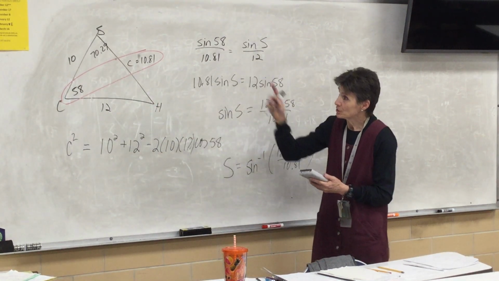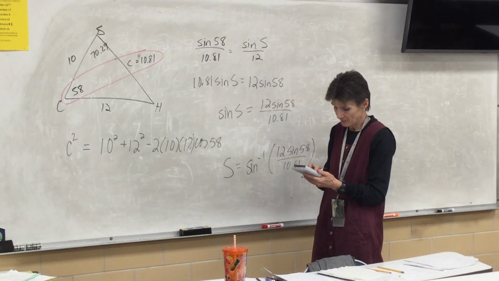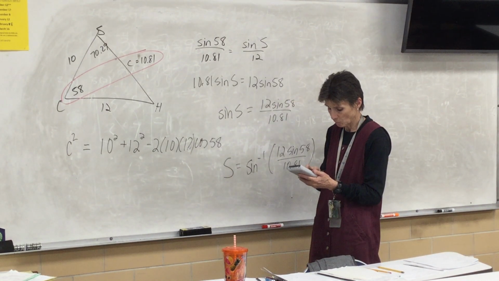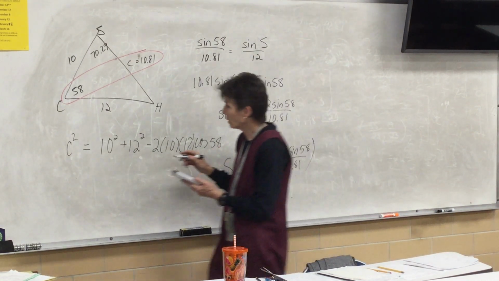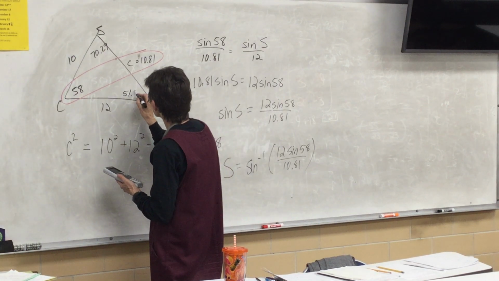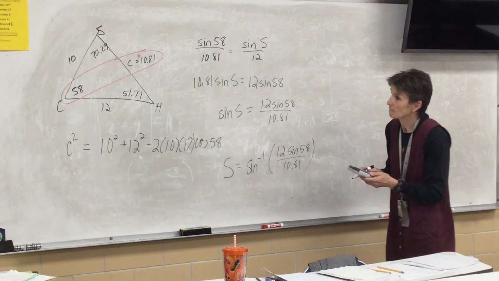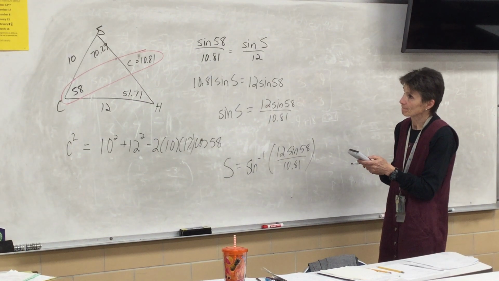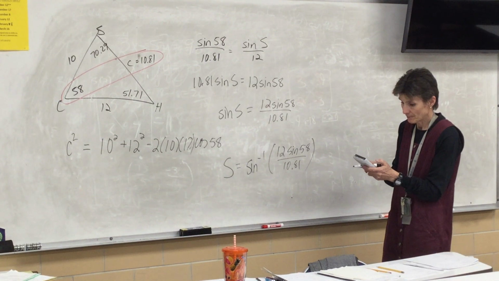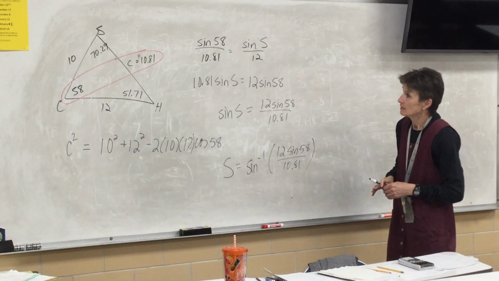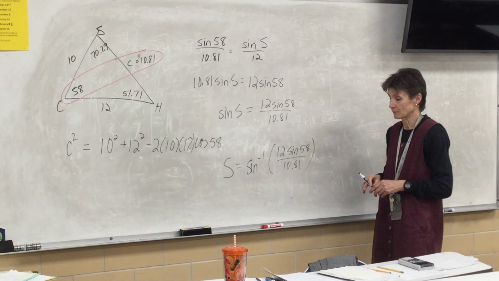So then angle H is easy. We'll just add that to 58 and subtract from 180. So that one's 51.71. And there we go. Triangle solved.